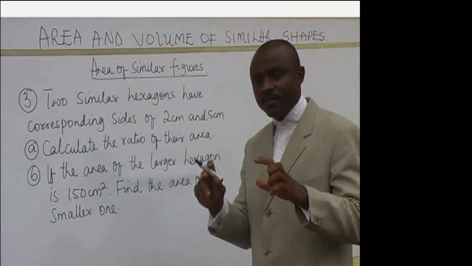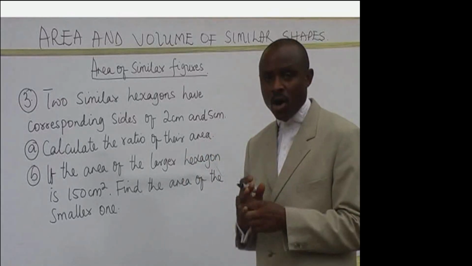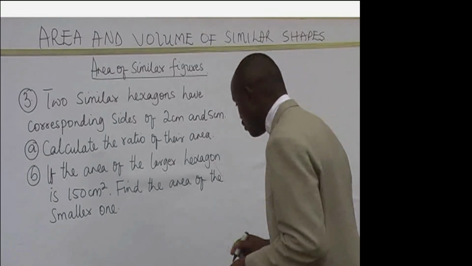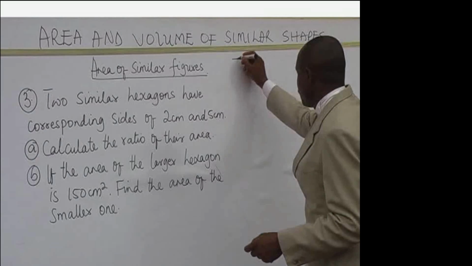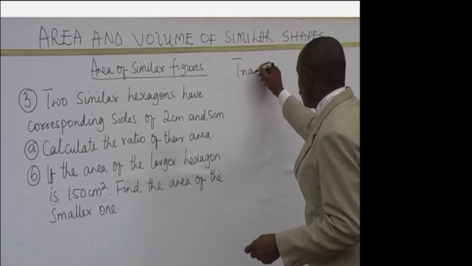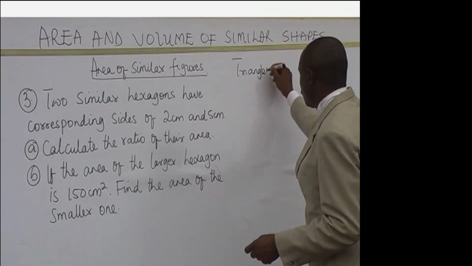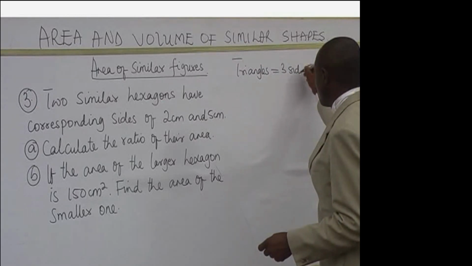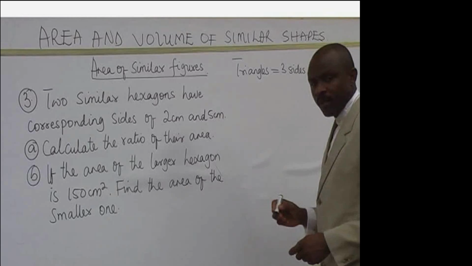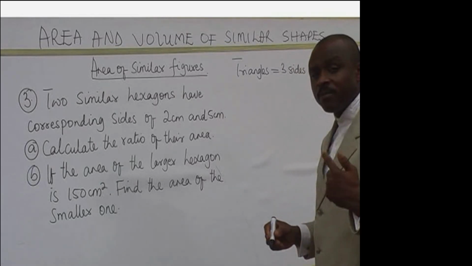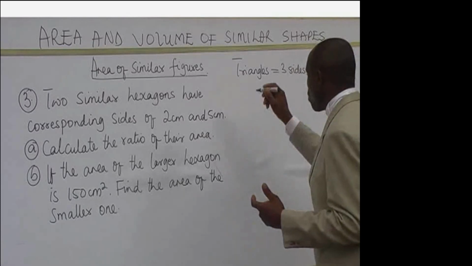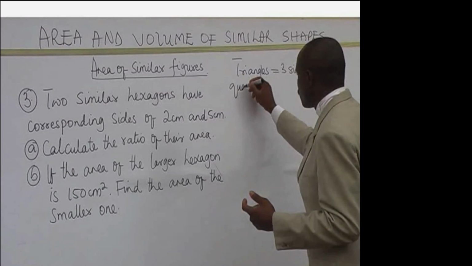Figures that have 3 sides are called triangles. You know that one? So we have triangles, three sides. Figures that have 4 sides are called quadrilaterals.